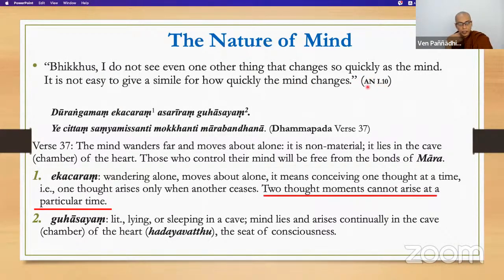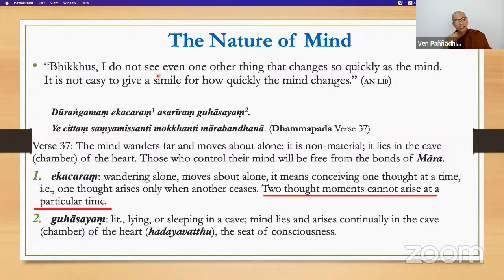One is the Anguttara Nikaya teaching. Here, the Buddha stated that he does not see even one other thing that changes so quickly as the mind. Even the Buddha cannot see any other thing that changes as quickly as mind.